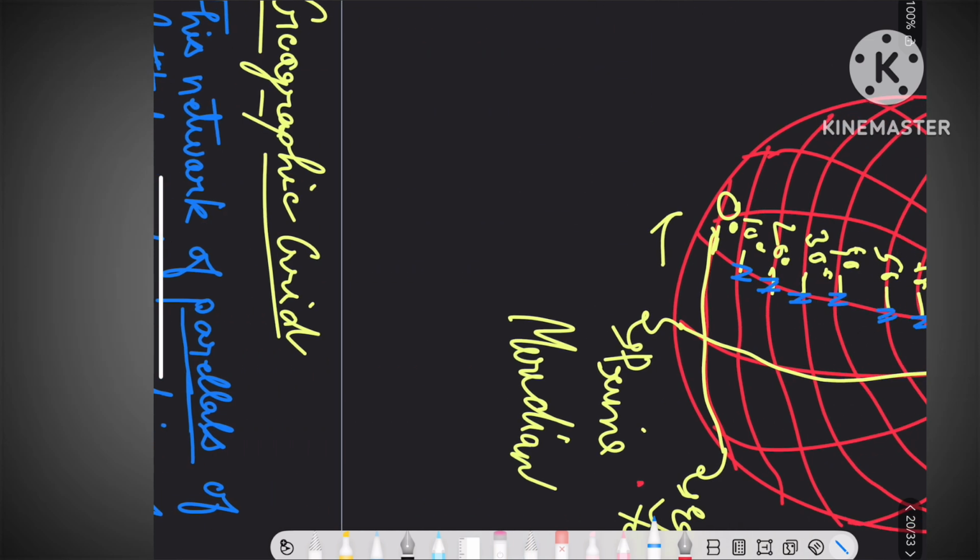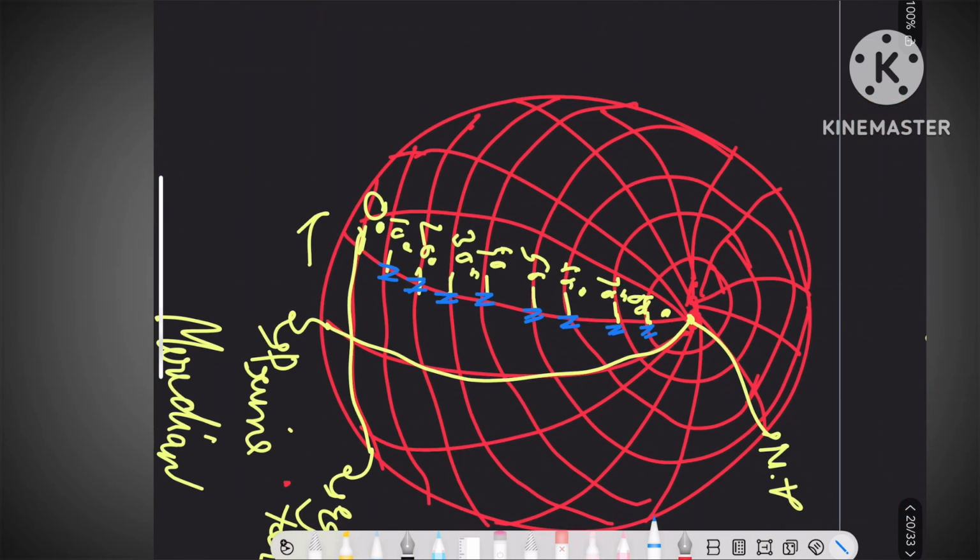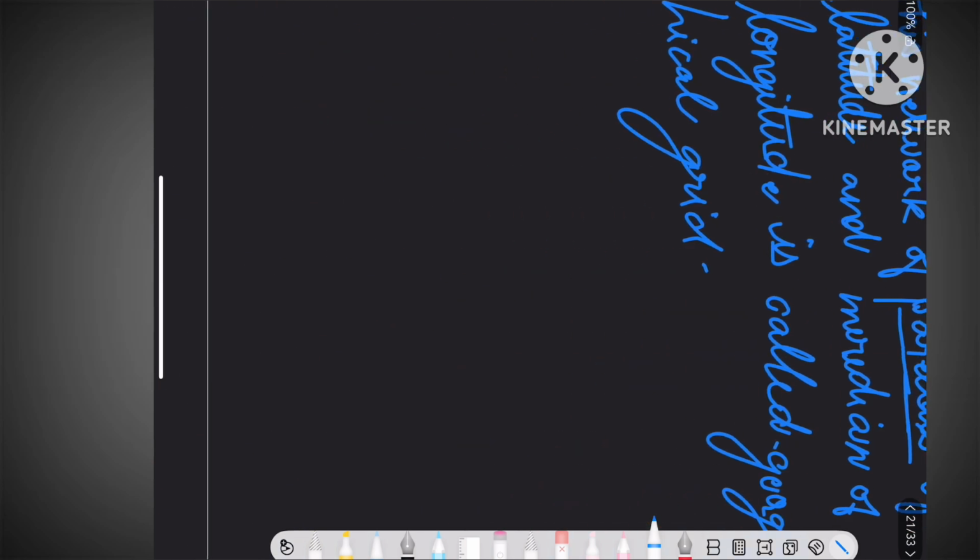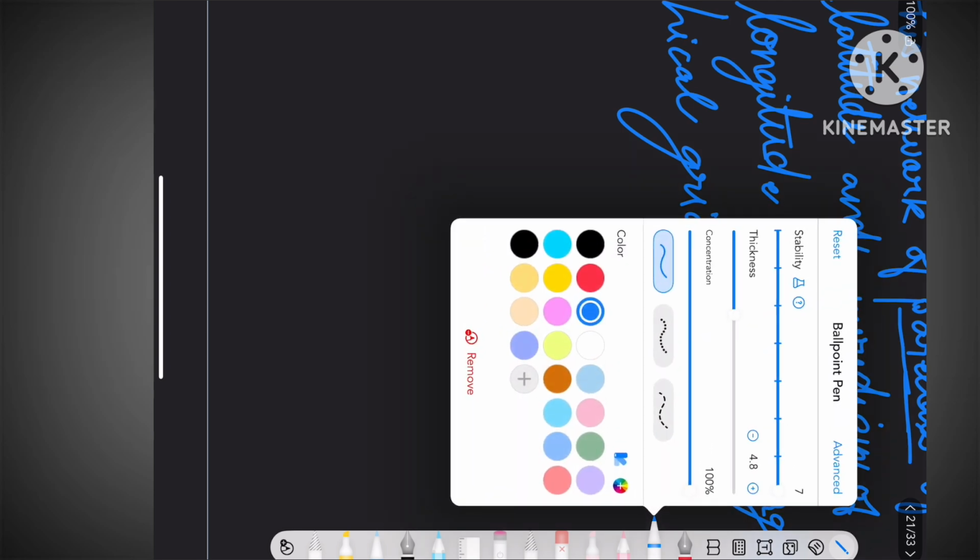And if we write the degrees of latitudes, it becomes east, west. Okay. Let us see another topic.